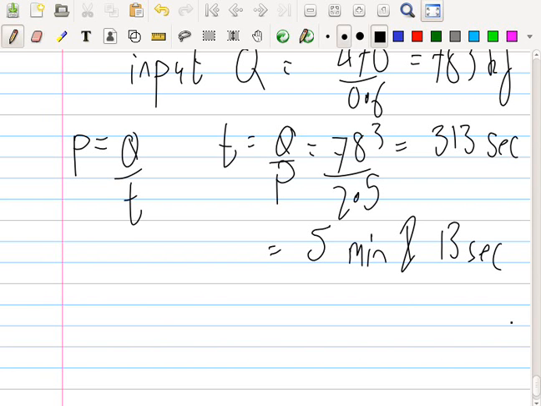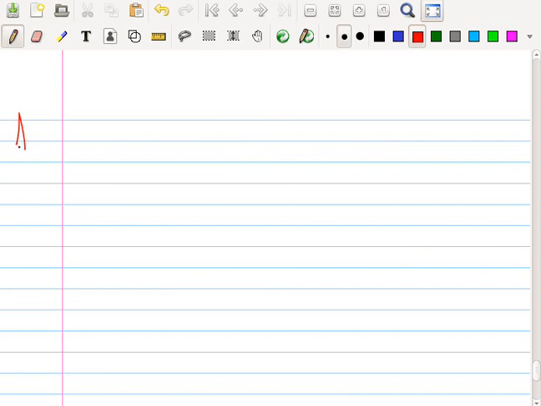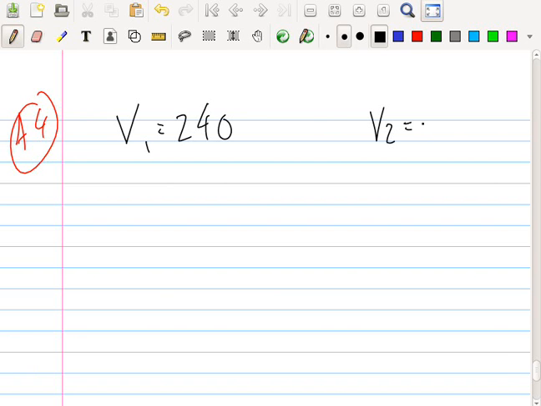Number 4. Simple transformer, primary, secondary coil. So let's just go straight into this. What is the 240? So that's the input voltage. And what's the output voltage? 12. The primary and the secondary.